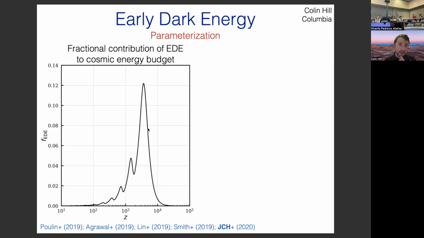The idea is that around a redshift of a few thousand, near matter-radiation equality, this new field contributes roughly 10% of the total cosmic energy budget. Then at this critical redshift, where this value peaks, the field starts to roll down its potential, and you see the oscillations here coming from the rolling around the minimum of the potential.